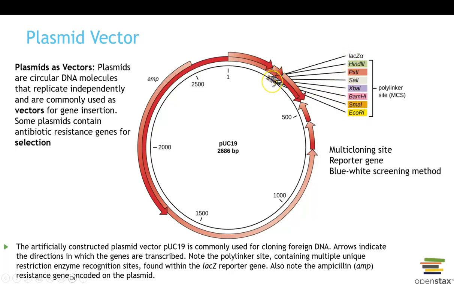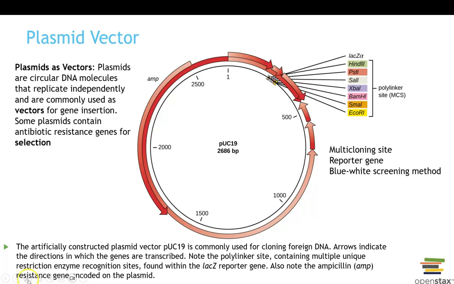And then they have to have a gene for antibiotic resistance, because we have to find a way to see which cells actually obtained the plasmid through the transformation, or which cells don't have the plasmid, because we don't need the cells that couldn't obtain the plasmid.